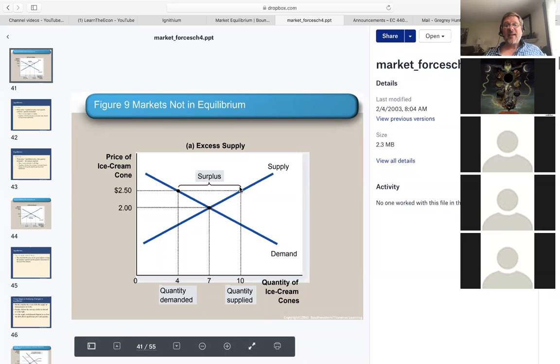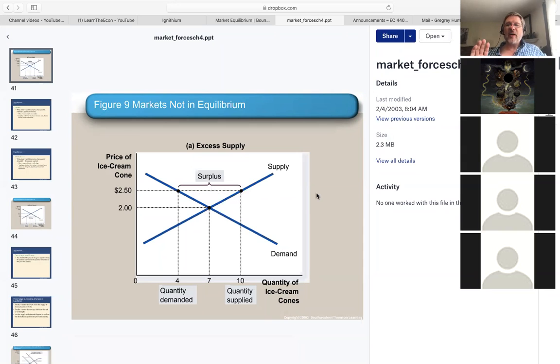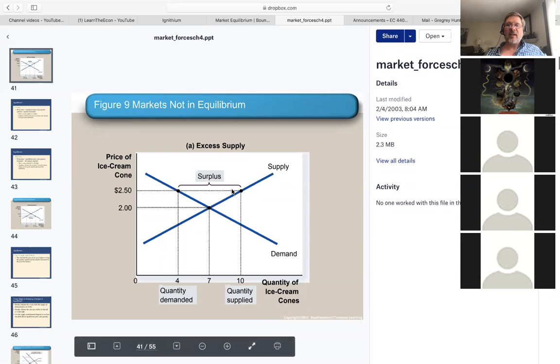So when you have excess supply, there's downward pressure on the price. And the main point of observing that right now is to notice that the market tends to stabilize itself. It tends to push itself toward the equilibrium price.